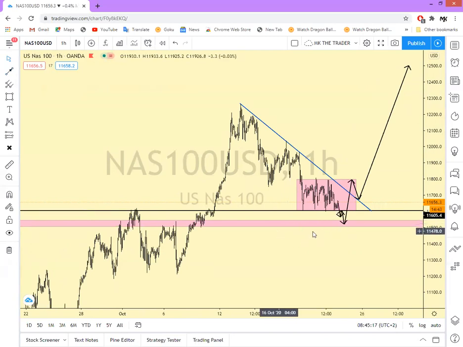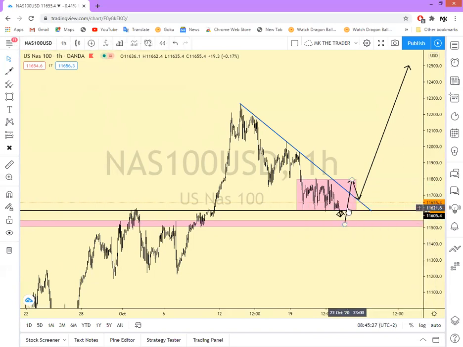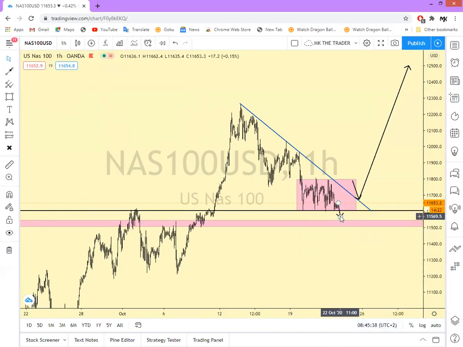So for now, if you are patient enough, wait for the market to come to this level or wait for a breakout to the upside. You can wait for something like this.